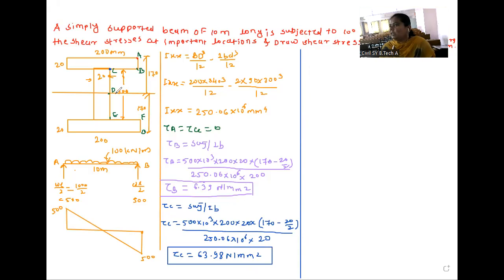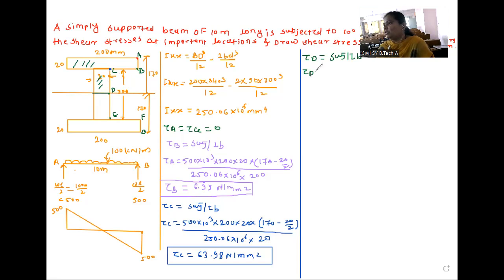Then we will calculate shear stress at D. Shear stress at D is nothing but shear stress at the neutral axis. So tau D is equal to SA y bar divided by IB. Where we are calculating at D, two strips will be there, this and this one, so we have to take the area for both strips.